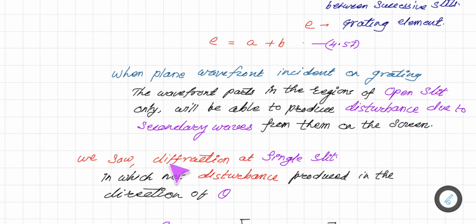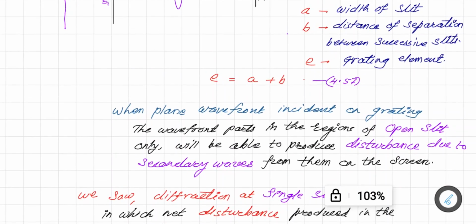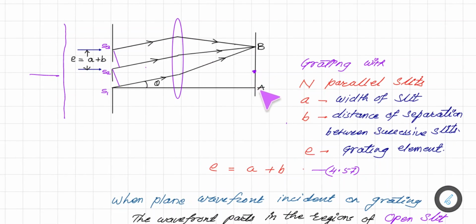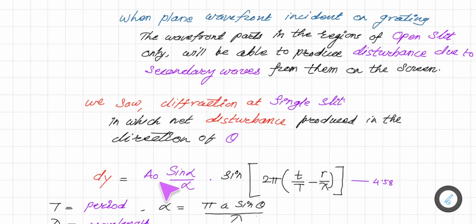Now we saw already that diffraction at a single slit. In that case, the net disturbance produced in the direction of theta is given by dy, which we already saw. Remember that the net disturbance from the center is shifted to one side, and that shifting is given by dy is equal to a0 sine alpha upon alpha into sine 2 pi times t upon capital T minus r upon lambda.